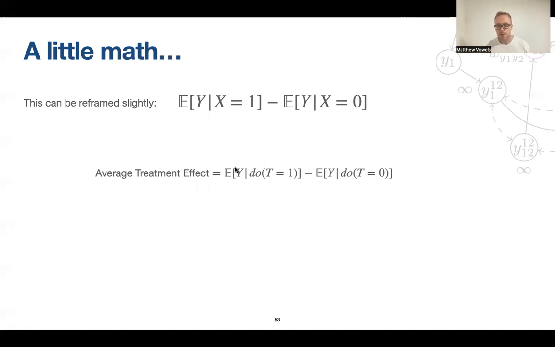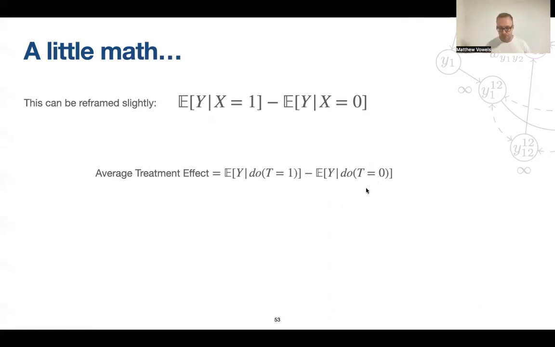I recommend his book on causality to get familiar with do calculus, but we're going to be using it in a very top level way to specify in an idealized case what we're interested in. So the average treatment effect could be expressed as the difference between what happens when we go in and do treatment equals 1 and when we go in and do treatment equals 0. And to this extent, this is a theoretical quantity.